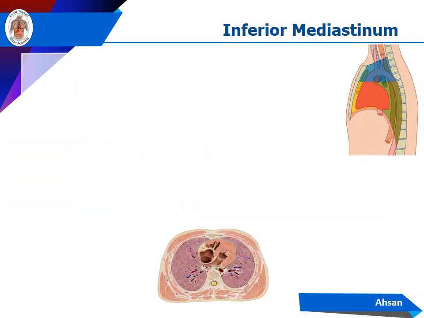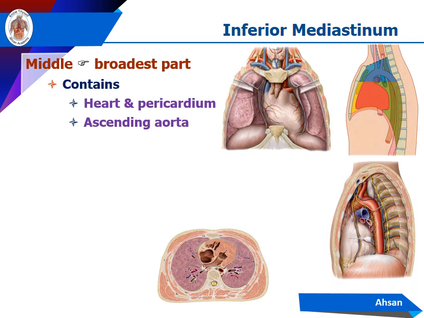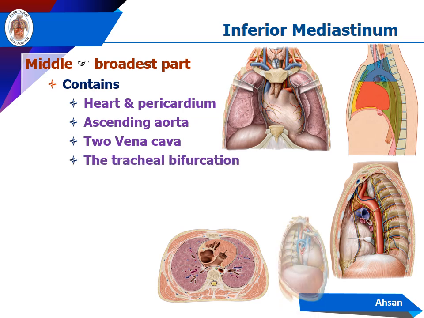Now the middle mediastinum is the largest part of the inferior mediastinum. This part is bounded anteriorly and posteriorly by the pericardium, and it contains the heart with the pericardium. From the heart, the ascending aorta arises and ends at the level of its upper limit to become the arch of the aorta. The two venae cavae, the superior vena cava as well as the terminal part of the inferior vena cava, are present here.